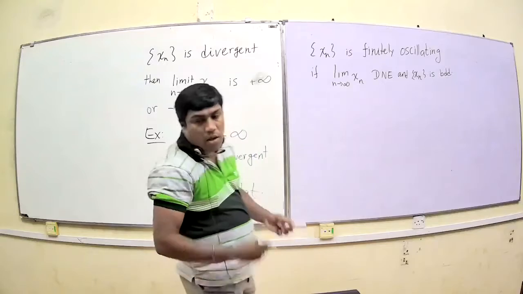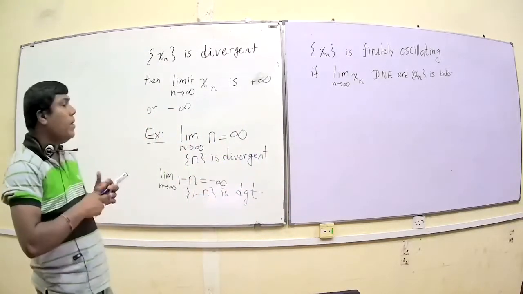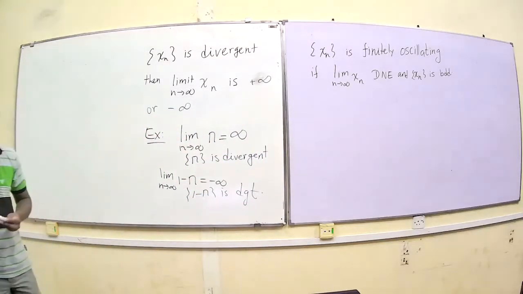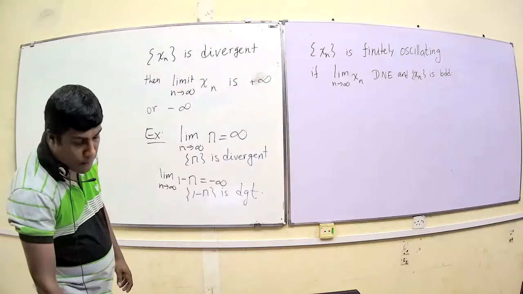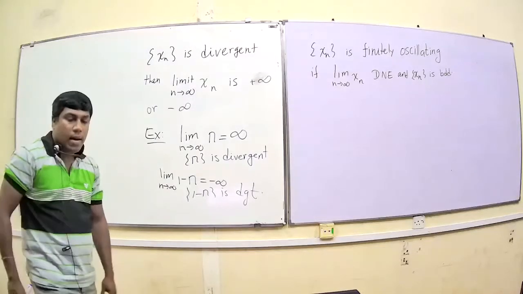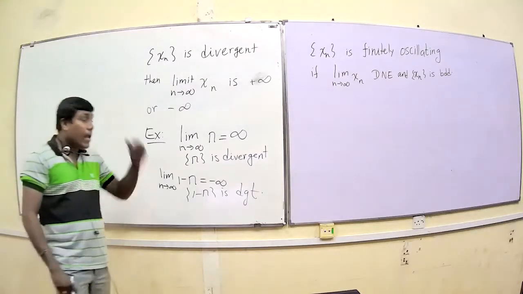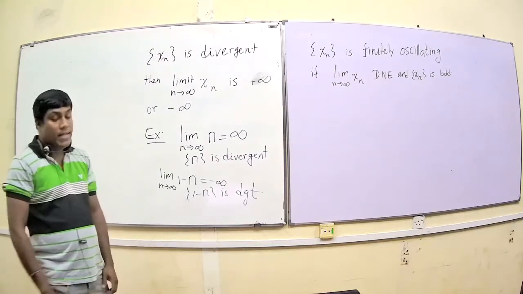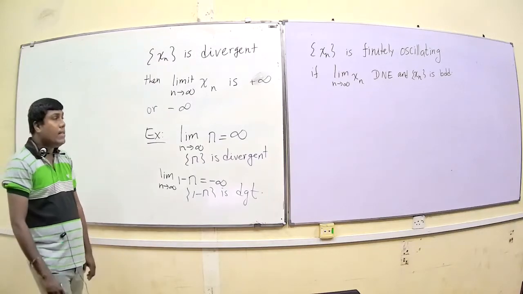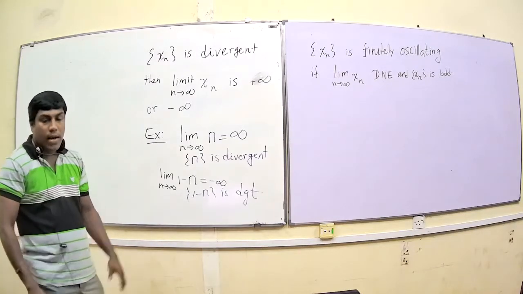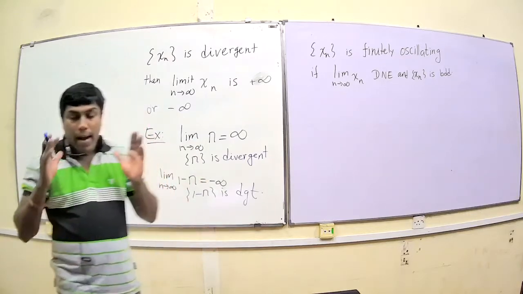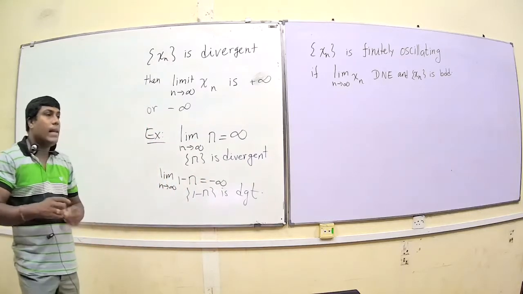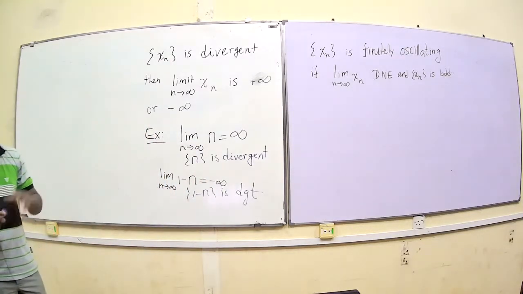So you have the case where the limit of a sequence does not exist. Earlier, minus 1 to the power n is a very good example of that. And when we see minus 1 to the power n, we have seen that that sequence is bounded: the absolute value of minus 1 to the power n is always less than or equal to 2.